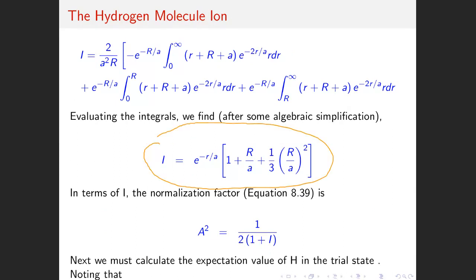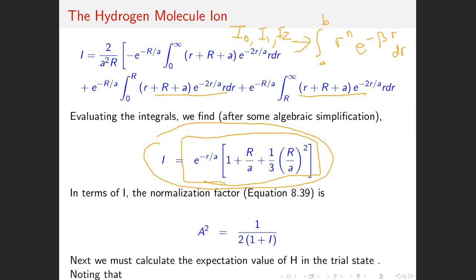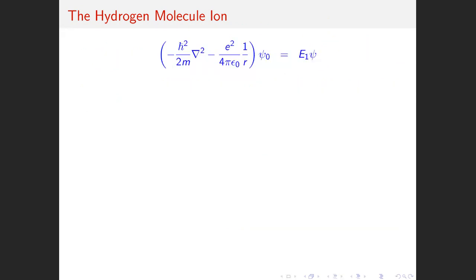Again, you're doing the same type of integrals, because you have things like the integral from a to b of r to the n e to the minus beta r dr. Just make use of those integrals; I give you these tables. I think you only need I0 and I1, and I just differentiate them and plug them into these formulas. Then you find what this overlap integral will be, and so you can solve for the normalization constant.